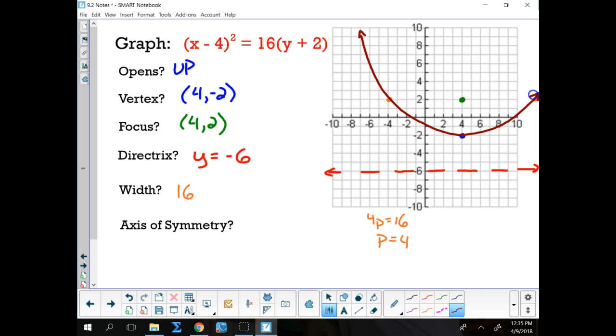What is the axis of symmetry? X equals 4. Okay. Questions?